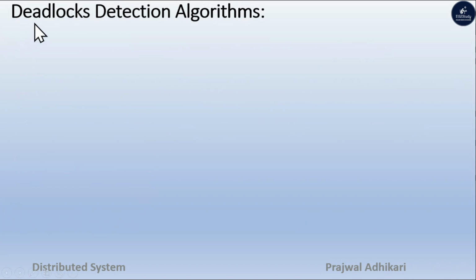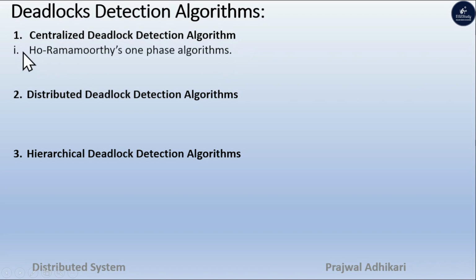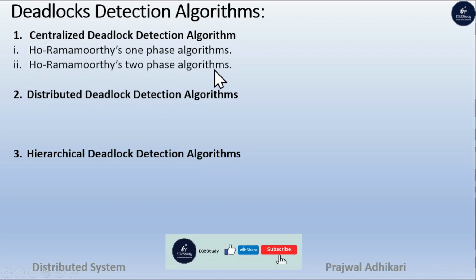Deadlock detection algorithms. As we have already discussed 3 different deadlock detection techniques, these techniques have different algorithms. In centralized deadlock detection, there are 2 algorithms: Ho-Ramamoorthy's one-phase algorithm and Ho-Ramamoorthy's two-phase algorithm.